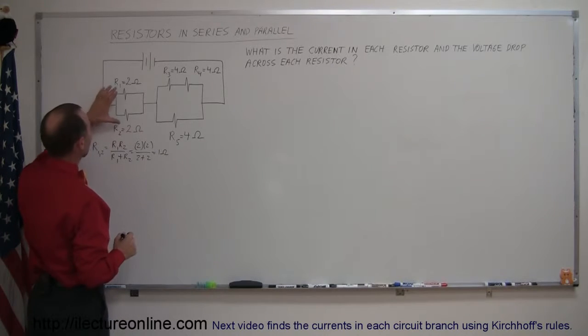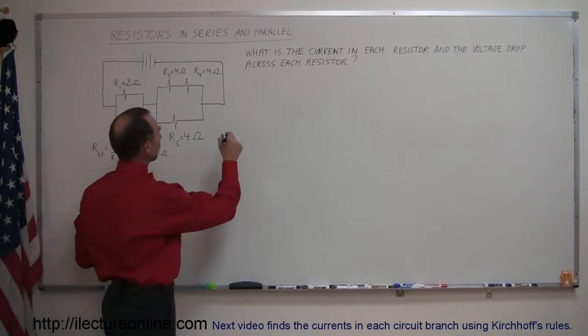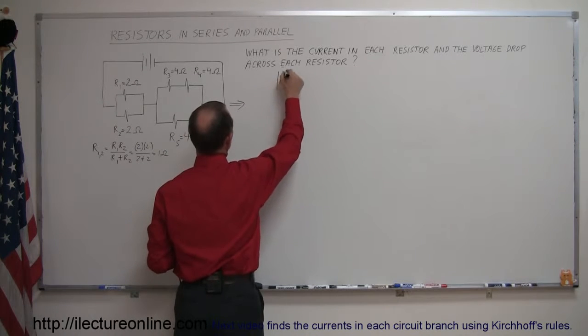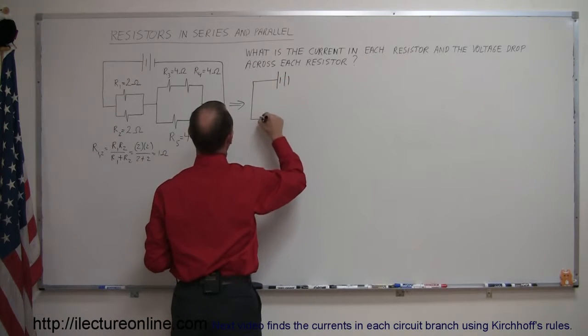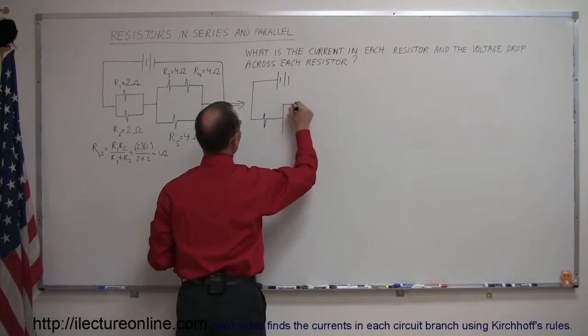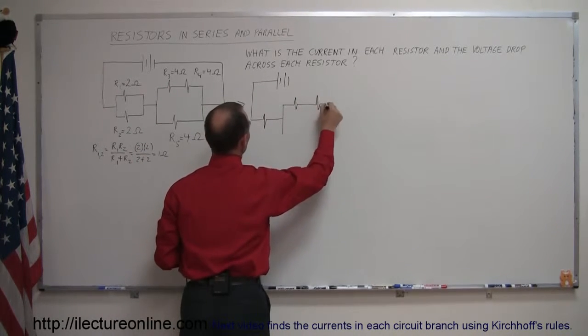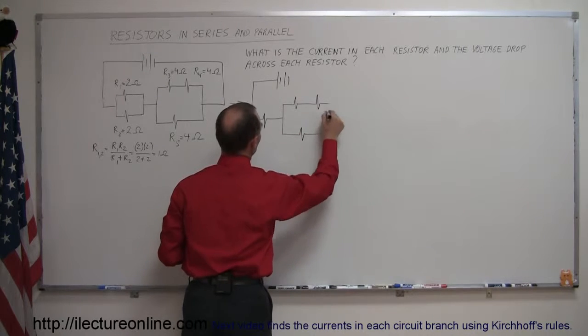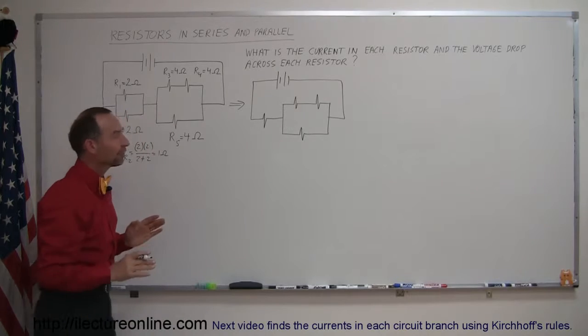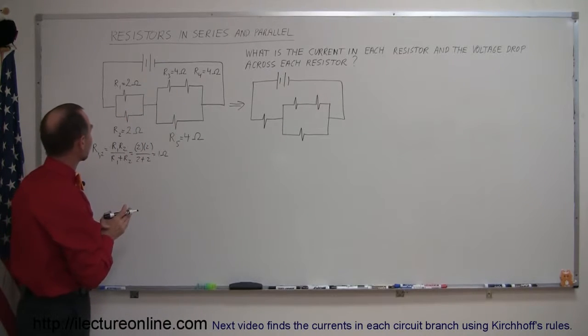All right, so I can replace those two by a single 1 ohm resistor. So the circuit can be redrawn to look like this. So these two resistors now will become a single resistor, and I still have those resistors right here, and right there, like so, and I'm back to the battery. Now, I'm going to leave off the ohm symbol everywhere.